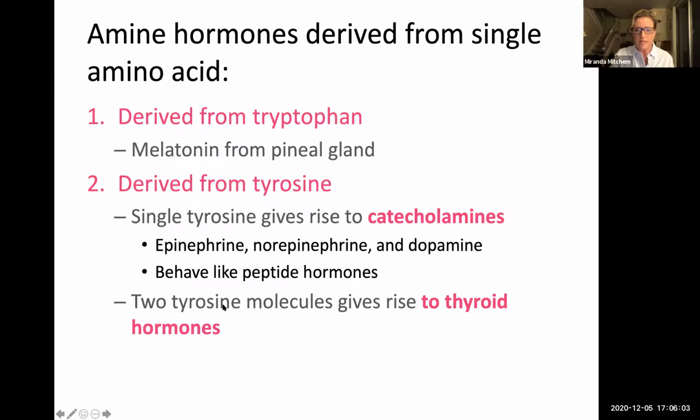So there's two tyrosines in them to give us our thyroid hormones. They behave like steroid hormones. So our catecholamines are going to travel and function like the peptide ones, whereas the two tyrosine based molecules behave more like a steroid.